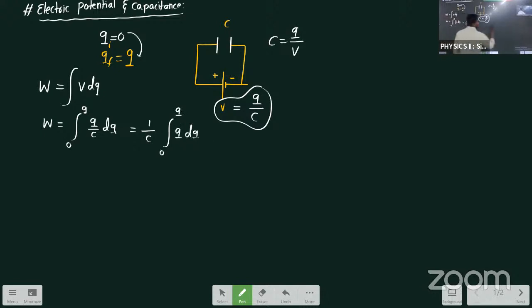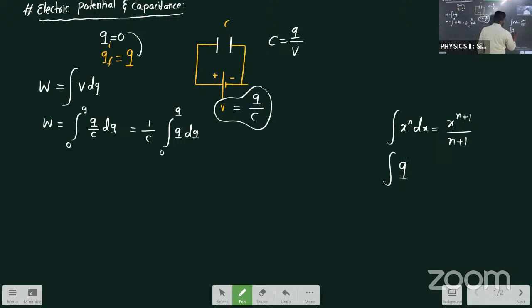And what is the formula for integration of x power n dx? It is x power n plus 1 divided by n plus 1. Similarly, for Q dq, the power of Q is 1. So this becomes Q power 1 plus 1 divided by 1 plus 1, which is Q square divided by 2.